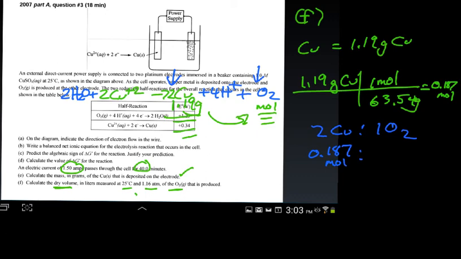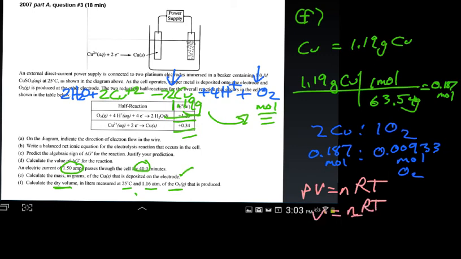So I don't know if I have that in front of me. Oh yeah, I do. It's 0.00933 moles of oxygen. And at that point, we can do PV equals nRT, and we know our n, we know R, T, we know the whole thing, and we're solving for volume. So volume equals nRT over P, and I'm going this way because I'm running out of room.